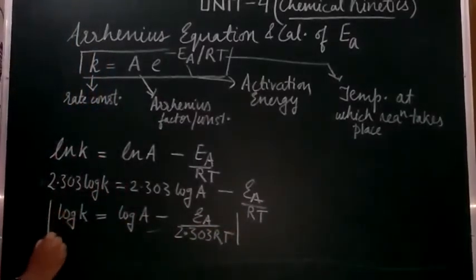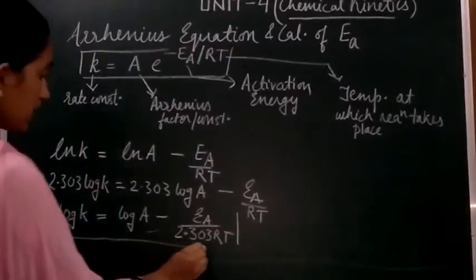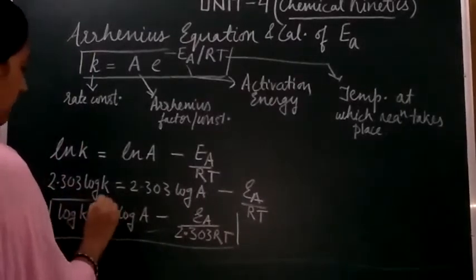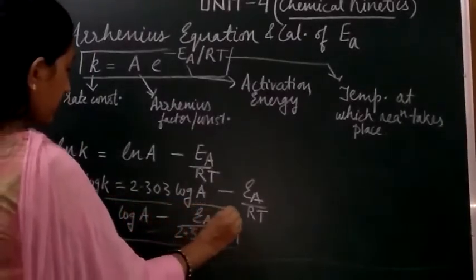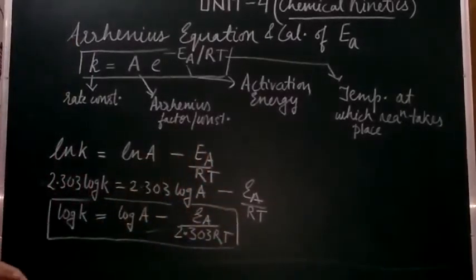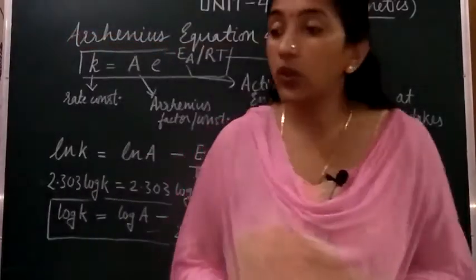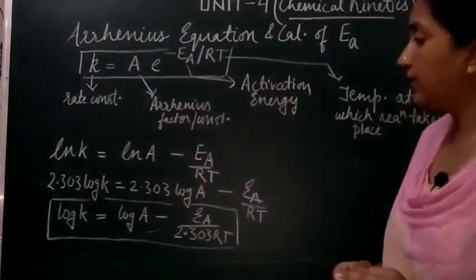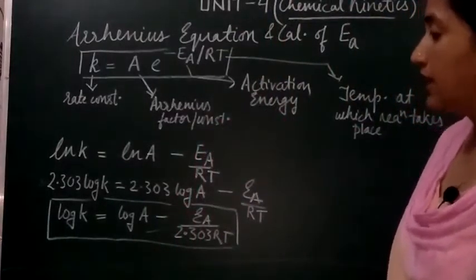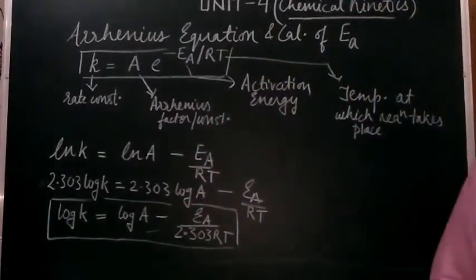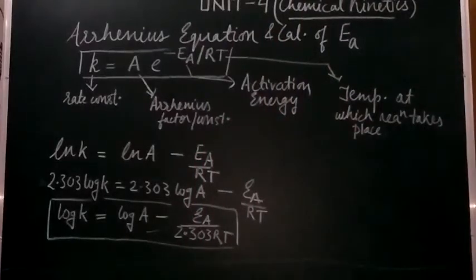So this equation helps us to determine the activation energy, that energy that will be required to get the product formed at a particular temperature. That is, log k equals log A minus Ea upon 2.303 RT.